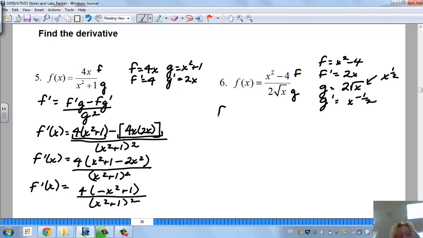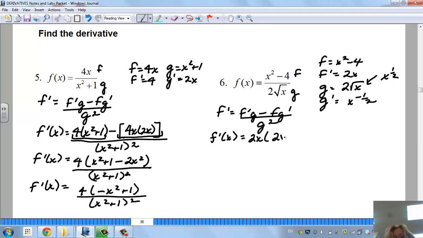So f prime is going to be f prime g minus f g prime all over g squared. So f prime of x is going to be f prime times g. So I have 2x times 2x to the half. I'm going to write it in that form. Minus, I always like a bracket, okay, f g prime.